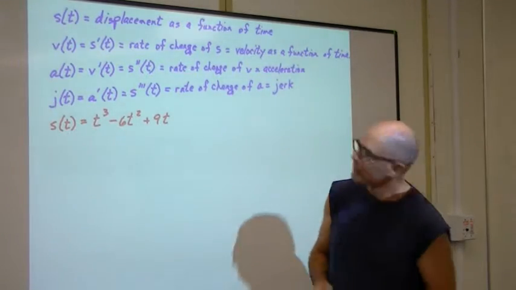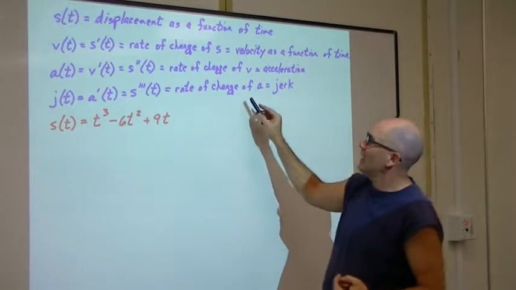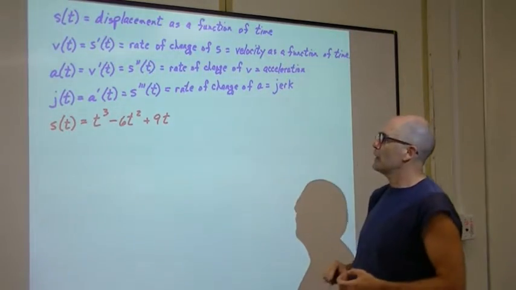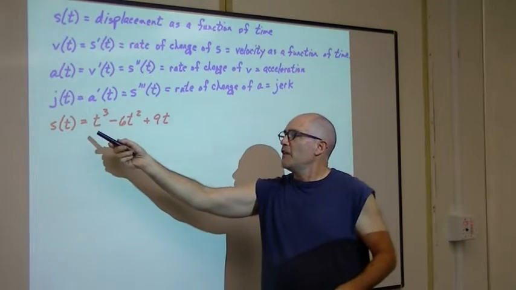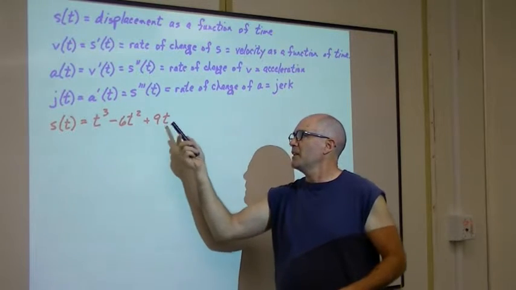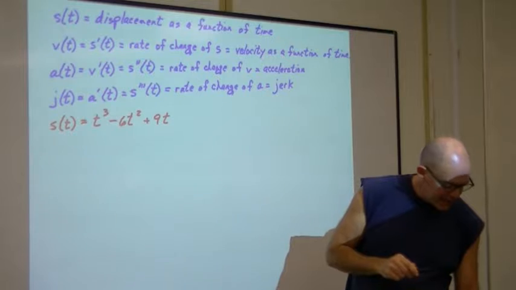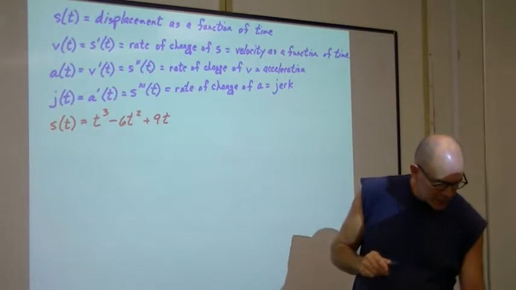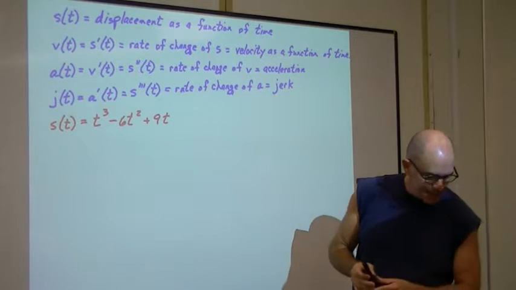Okay, so jerk actually is the rate of change of acceleration. So we start with a function s of t equals t cubed minus 6t squared plus 9t, and we want to find the acceleration of this particle at any time t.